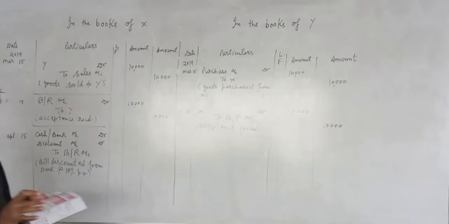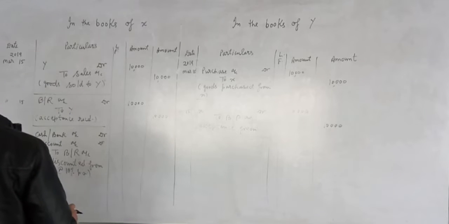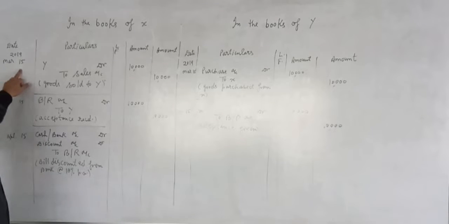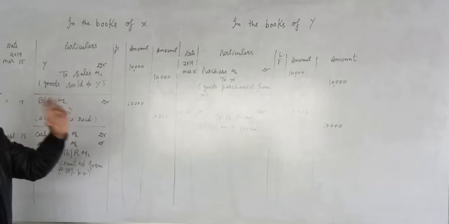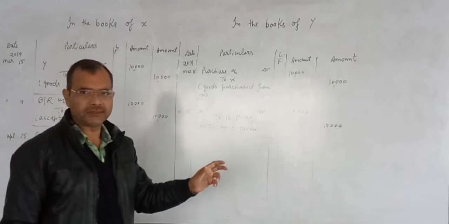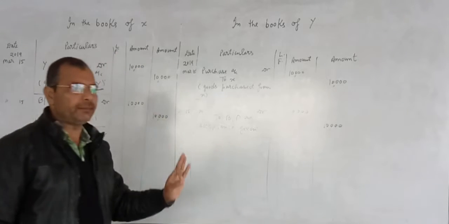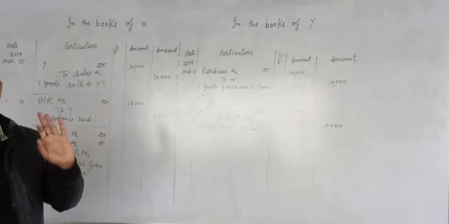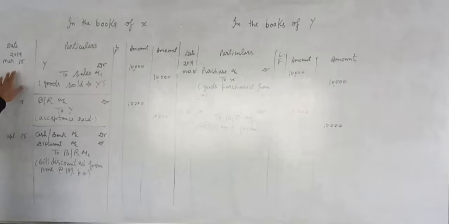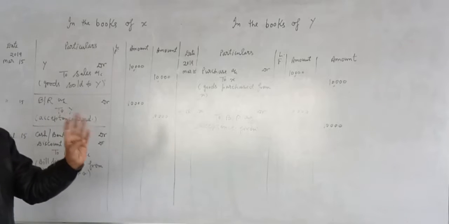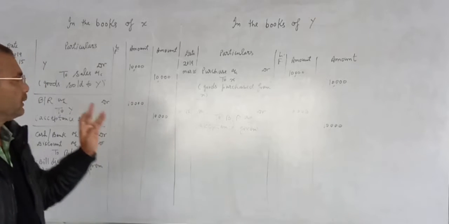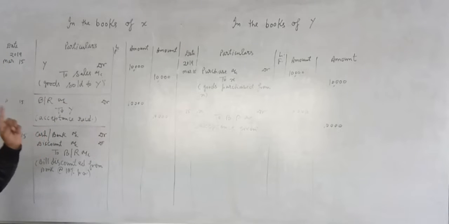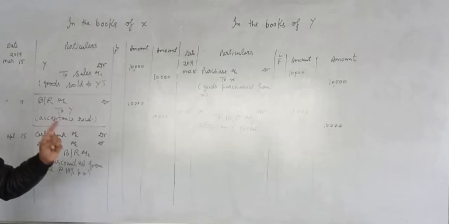Students, you should understand. 15th April. The bill was written on 15th March and the period of the bill was 4 months. So from 15 March we will find the date of maturity. March, April, May, June, July. After 4 months we will find the date of 15 July, and after that we will add 3 days.